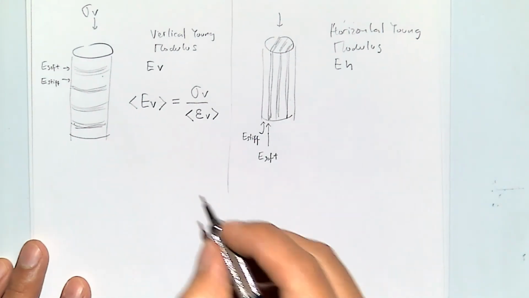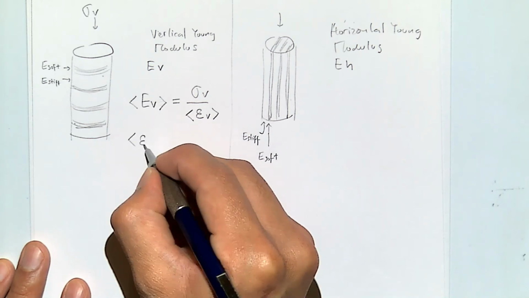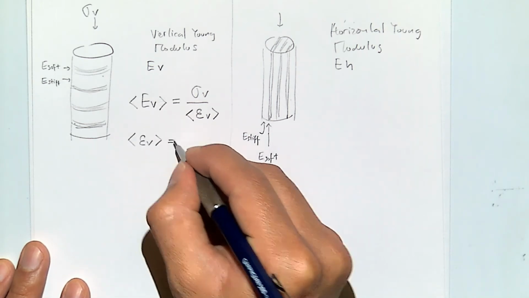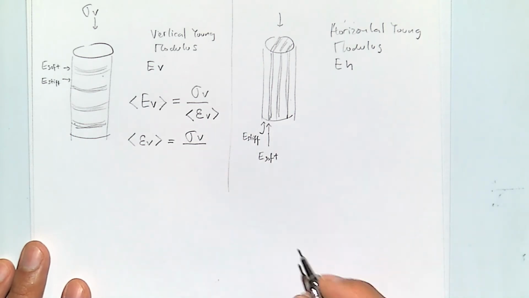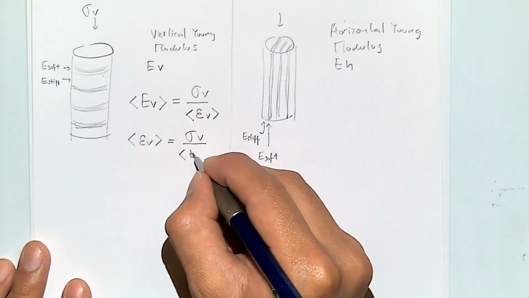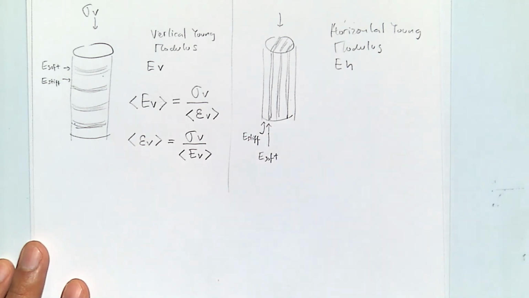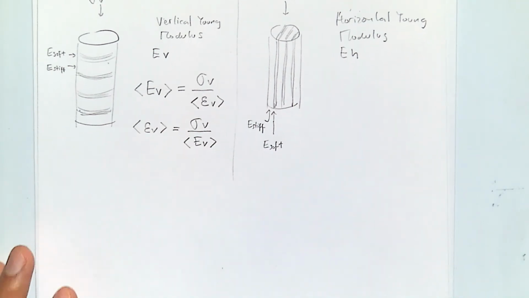The same way, I could say that the vertical strain is going to be proportional to the vertical stress, and inversely proportional to this bulk modulus.